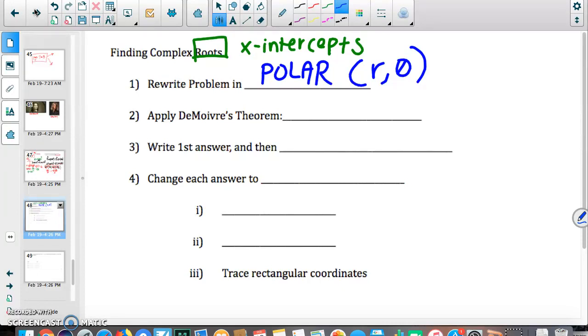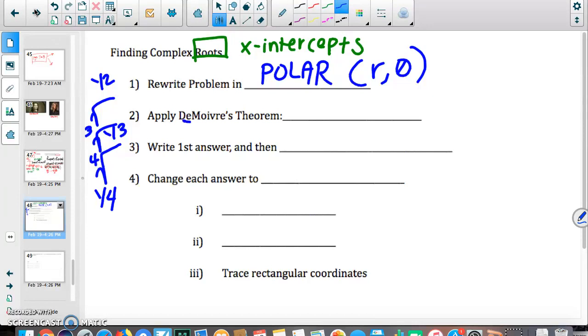The next thing you're going to do, if I'm finding a root, if I'm finding a square root, a cube root, a fourth root, but in any case, I'm getting an exponent, right? Do you know that the square root is the same thing as a power of 1/2? The cube root is the same thing as a power of 1/3. The fourth root is the same thing as a power of 1/4.